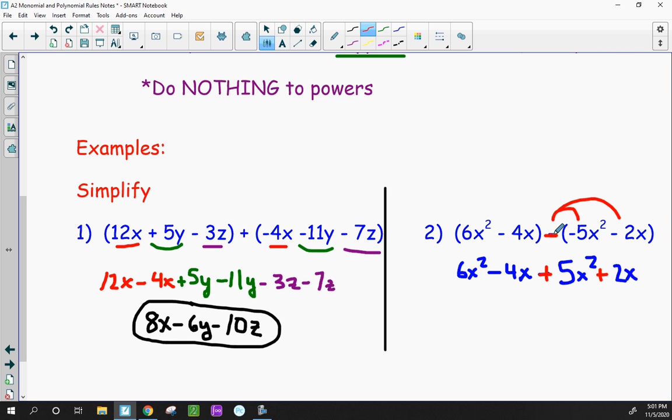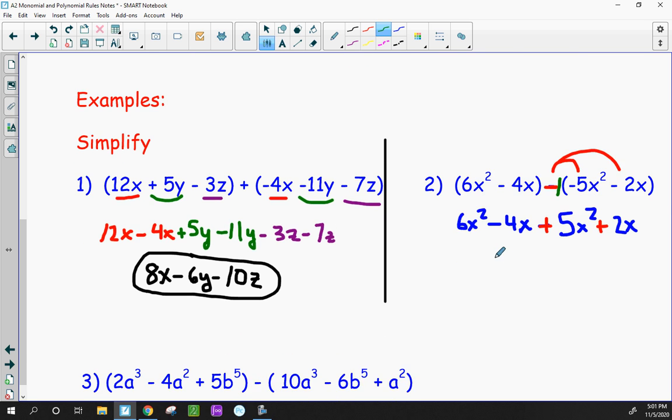It is saying the opposite of negative 5, the opposite of negative 2. Or, if you like the other way I said it, some people like to think of it as a negative 1. Negative 1 times negative 5 is positive 5. Negative 1 times negative 2 is positive 2. Doesn't matter to me which way you want to use, but you just got to make sure you know to change the signs.